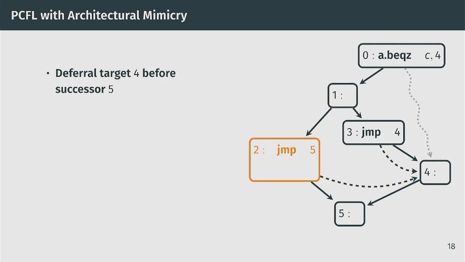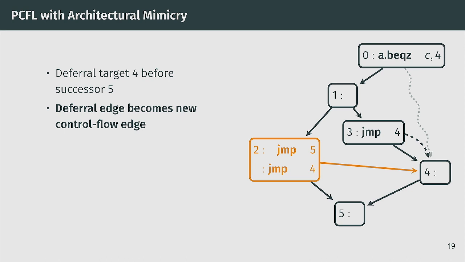When visiting block 2, things get a bit more tricky, since in this case the deferral target is block 4, and block 4 comes before the successor, block 5. So in this case, we have to make sure that control flow goes to block 4 first, otherwise we're too late and we'd still have to go back to block 4 after going to block 5.